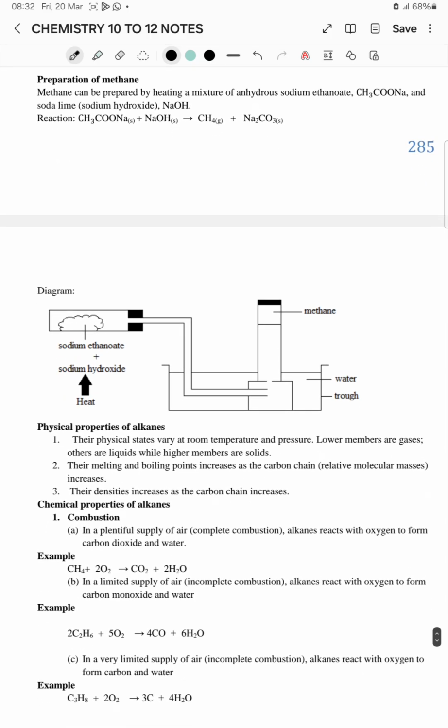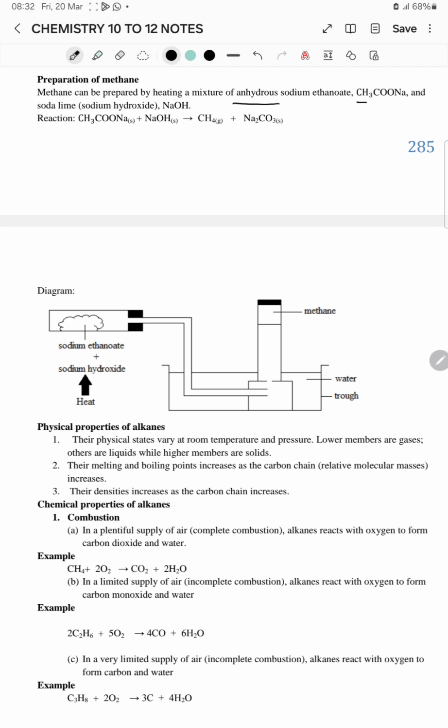So we now look at the preparation of methane. Methane can be prepared by heating a mixture of anhydrous. Remember, anhydrous is a salt that does not contain water of crystallization. That is anhydrous. Okay, sodium ethanoate.